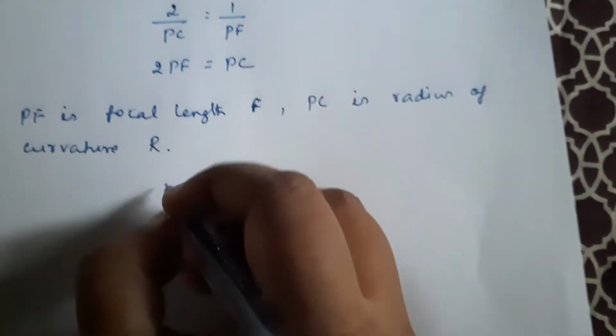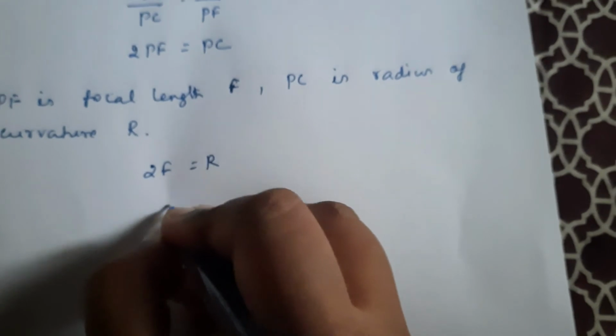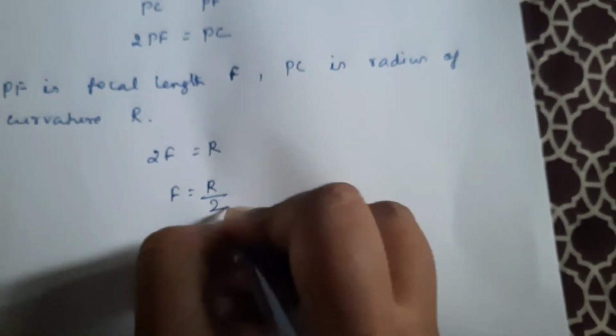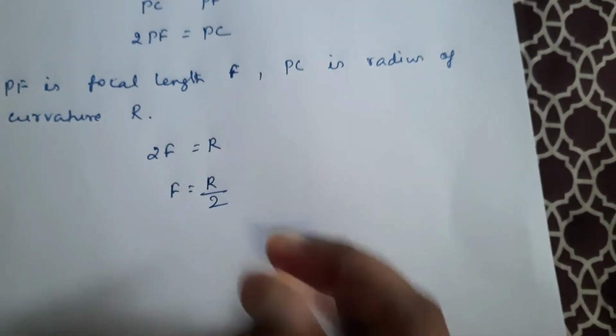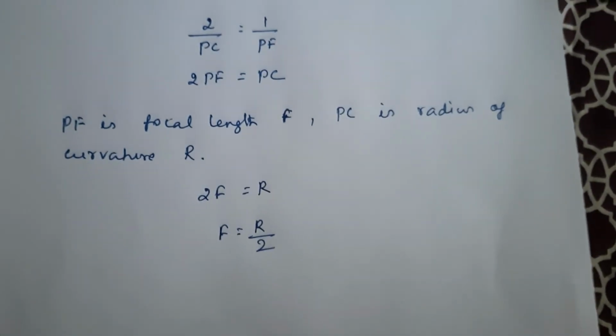So substituting here, 2F is equal to R. So F is equal to R by 2. So this gives you the relationship between focal length and radius of curvature.